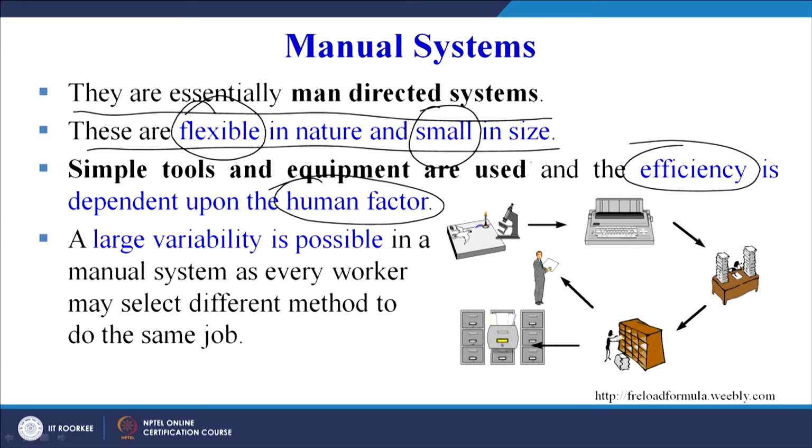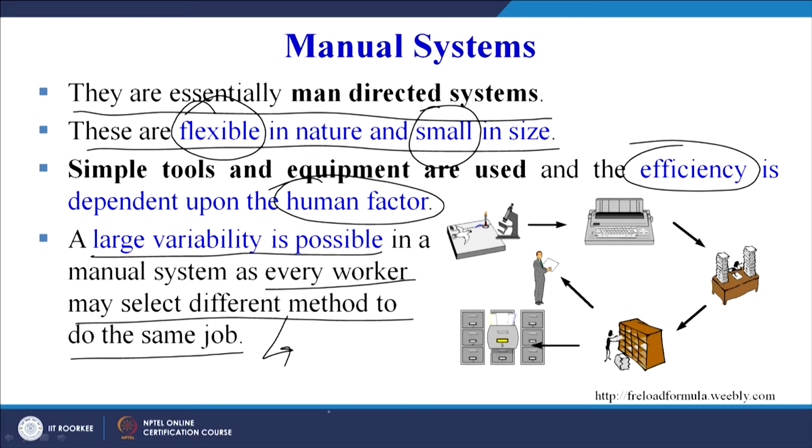A large variability is possible in a manual system as every worker may select a different method to do the same job. So one thing is very clear here, a large variability is possible. Why? Because every worker may select a different method to do the job, and this emphasizes the topic that we have already studied, that is method study.